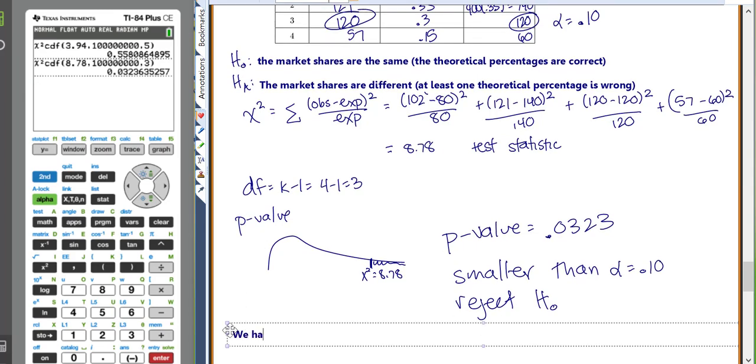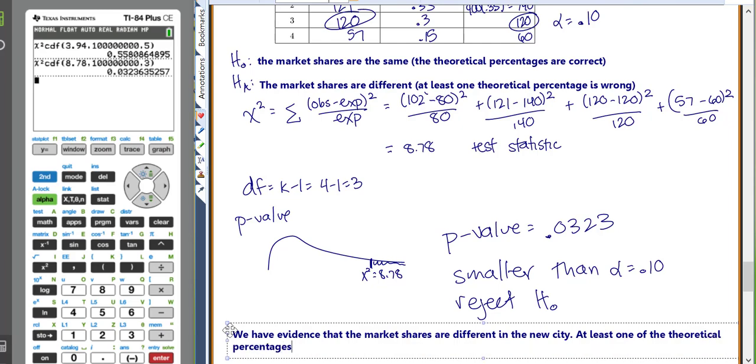I would say something like, we have evidence that the market shares are different in the new city. At least one of the theoretical percentages is wrong. Notice this hypothesis test does not tell you which of the theoretical percentages are wrong or how many are wrong.